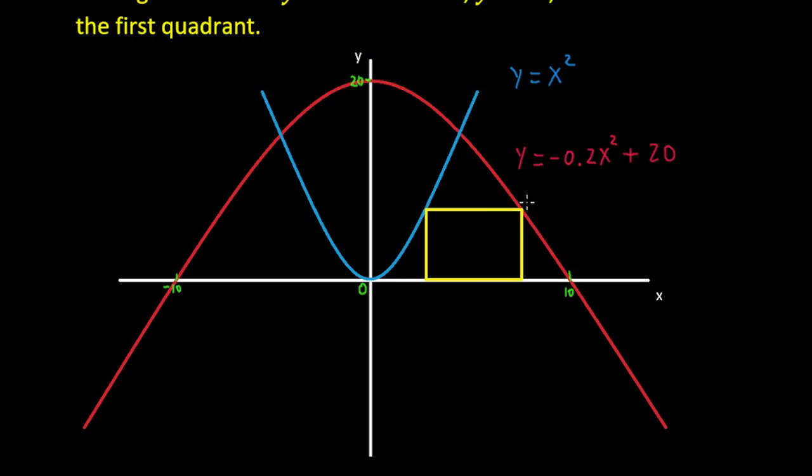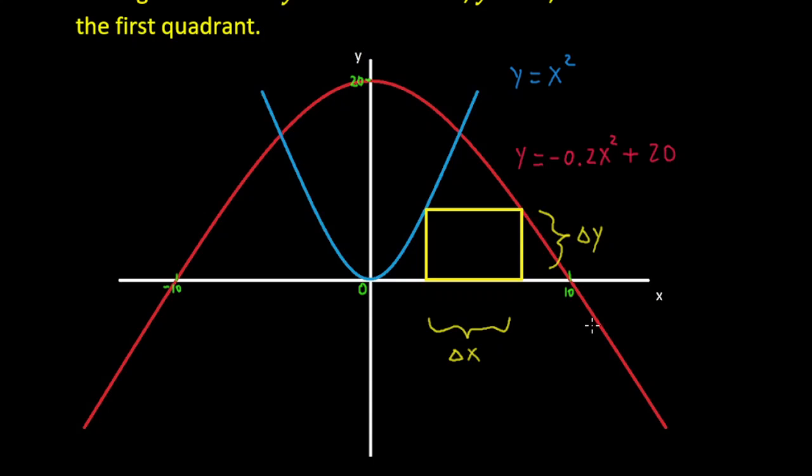So let's call this length here delta x, right? It will change. And the value of y, we call this delta y, because we don't know what the value is for each of them.